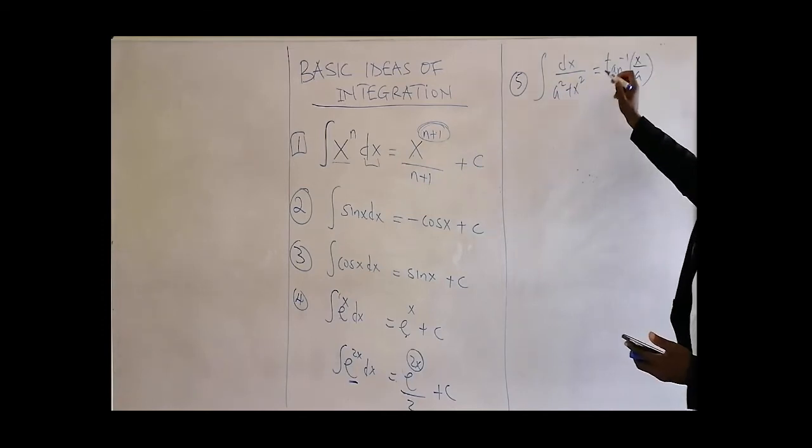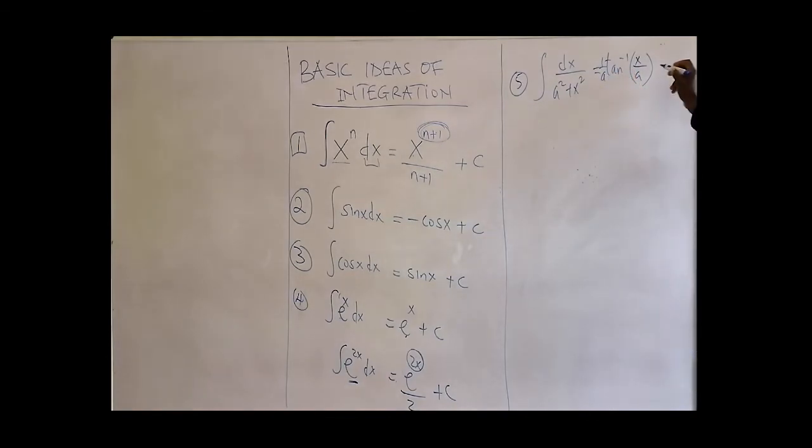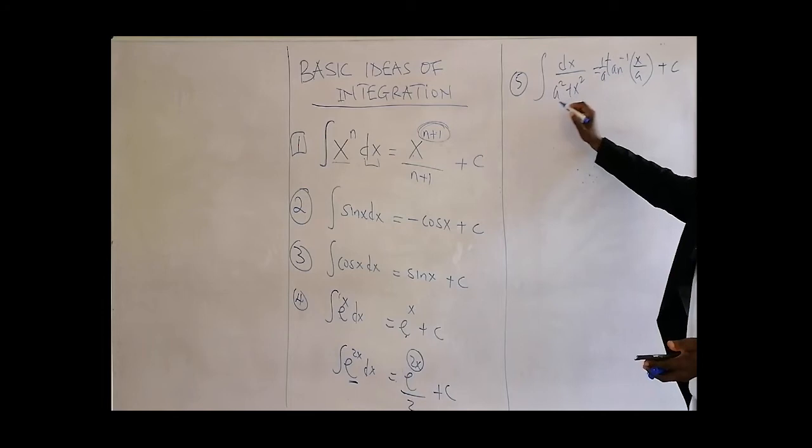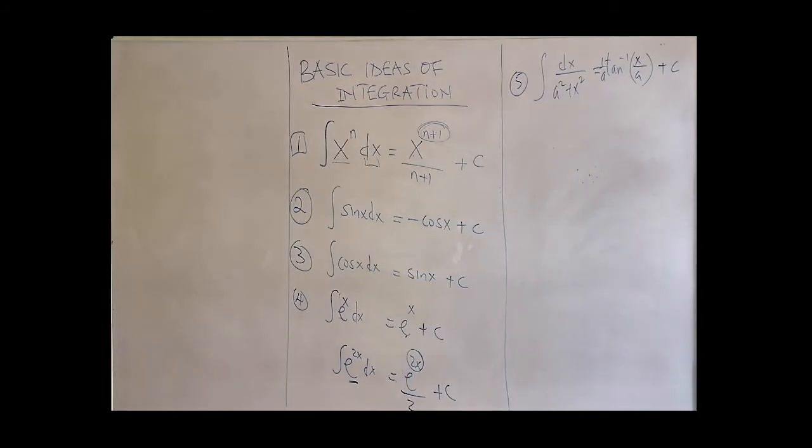Okay, then you divide by what? By the constants. Divide by the constants and then plus c. We're going to see an example on this shortly. That's arctan x over a, then you divide by the constant. Your a is a constant.